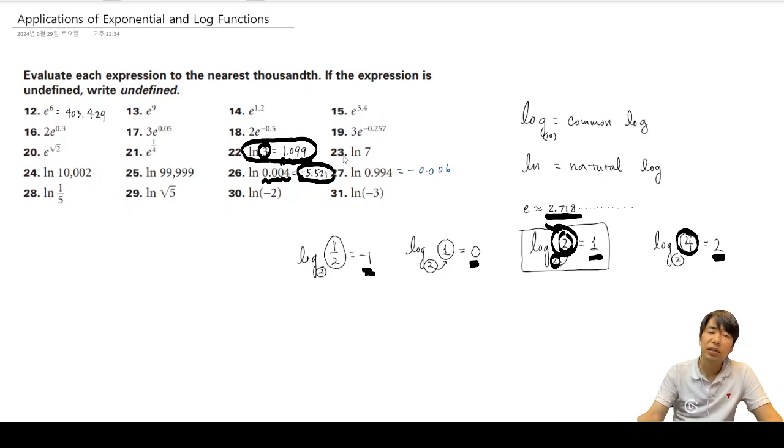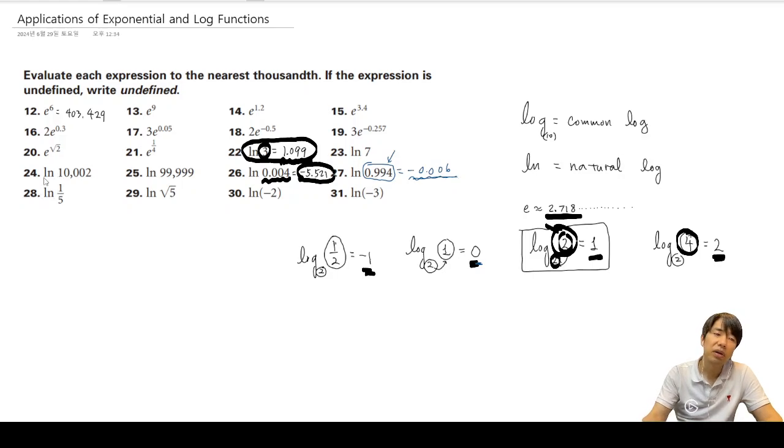What this means is that if the number is less than 1, you end up with a negative number. When it is exactly 1, your answer is 0.